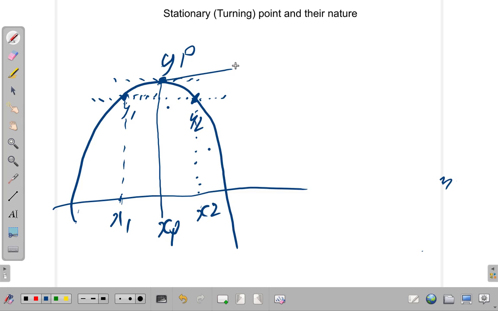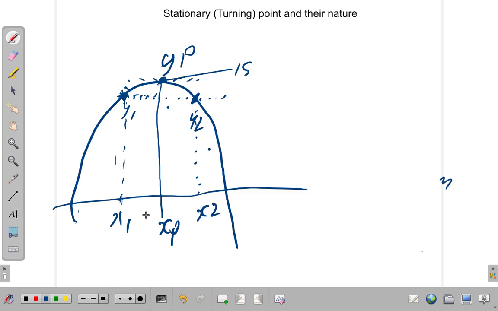Suppose yp is, say, 15. You calculate at xp and yp is 15. On the left of xp is x1, and you calculate the value of y there.